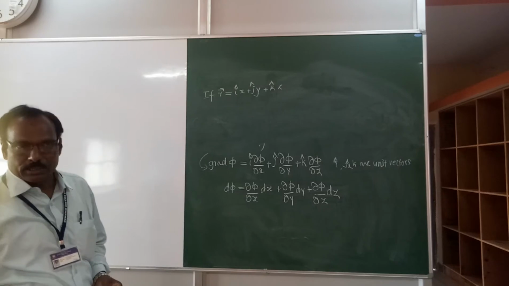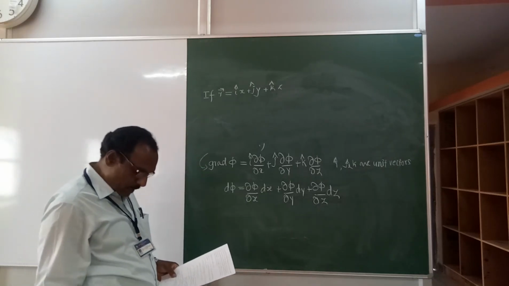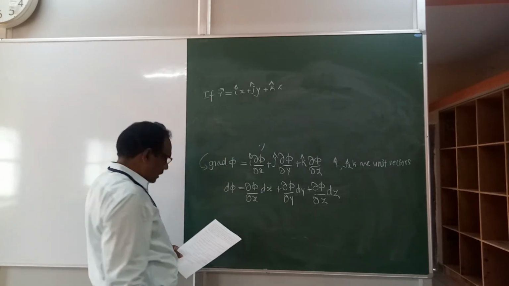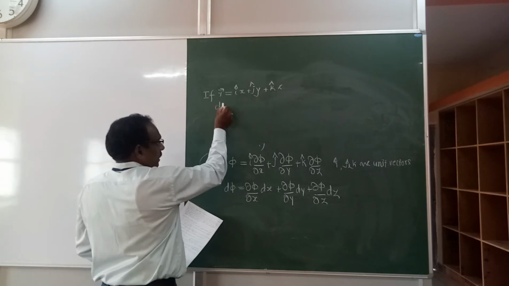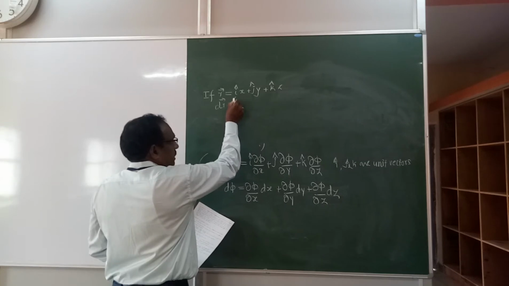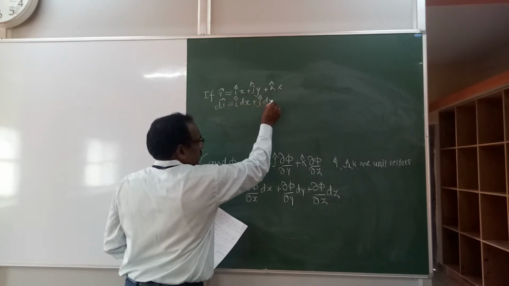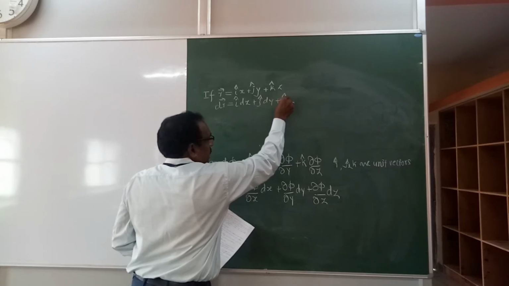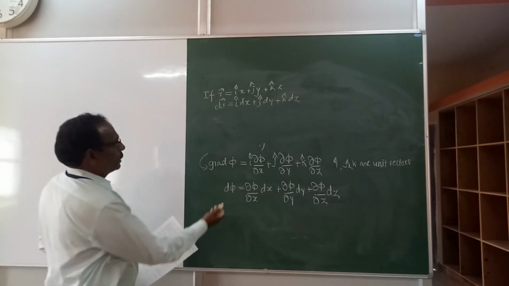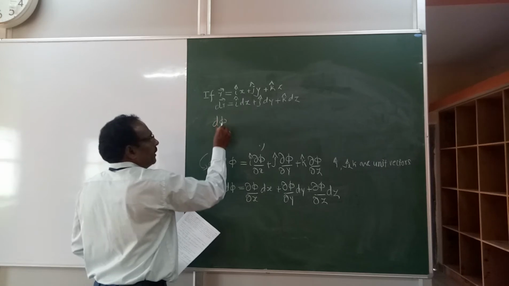It is the radius vector from the origin, as we have seen in space. Its differential dr is equal to i dx plus unit vector j dy plus unit vector k dz.